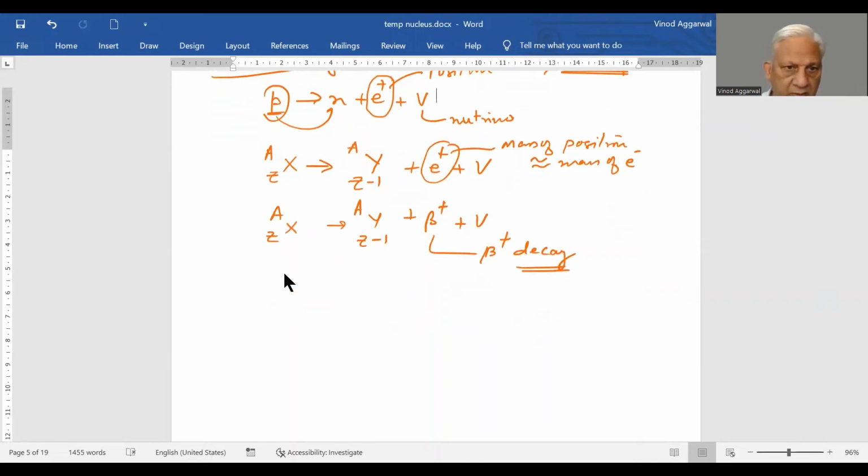Now let's calculate the energy released in this equation. This is the initial rest mass.